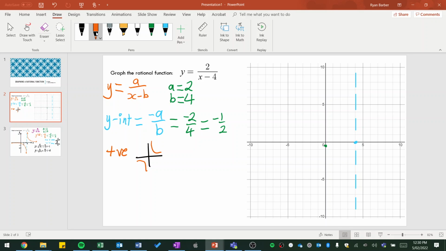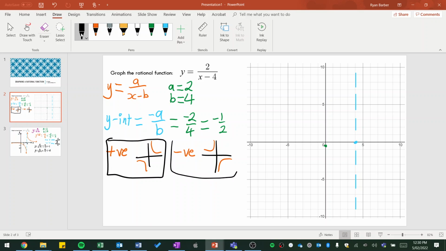If we were to have a negative value of a, then our function is going to look like this, roughly, and it's going to be happening in the fourth and second quadrants instead. So in this case, we know that we've got a positive a value, so we're going to have something that looks like this first graph.